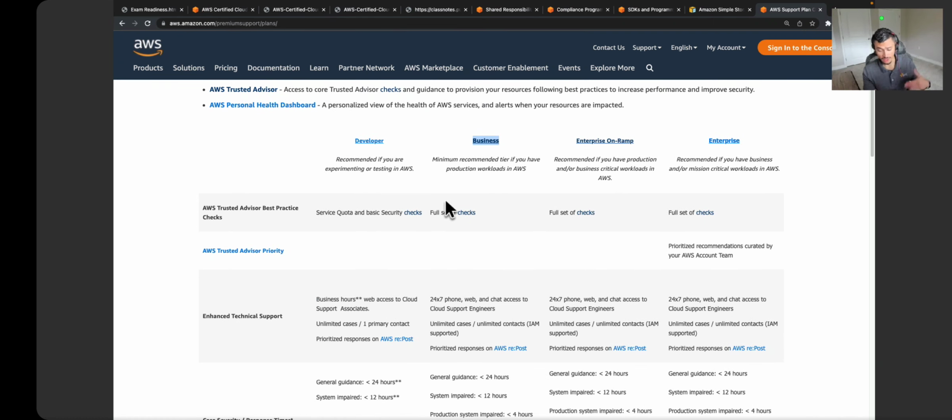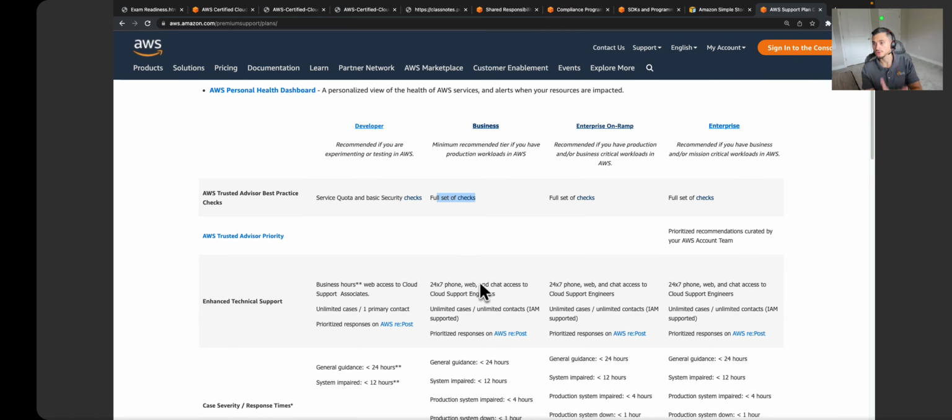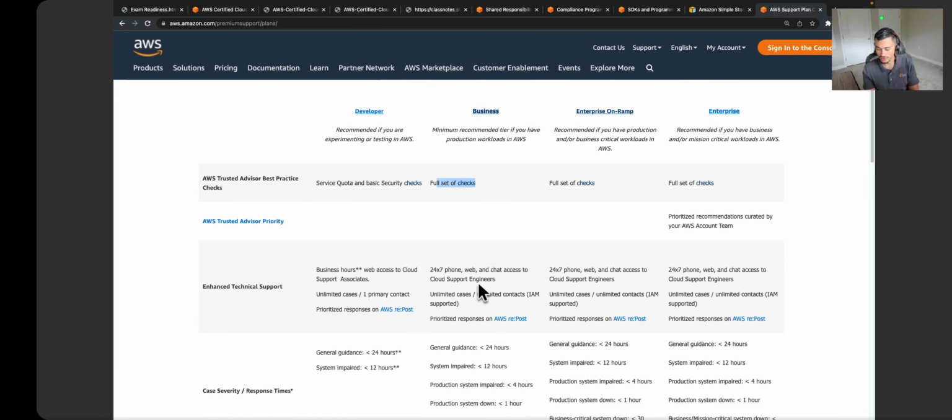So it tells you everything. Like with AWS Trusted Advisor, we have in the developer plan service quota and basic security checks. And then from the business plan, it provides you with the full set of checks, right? So obviously the enterprise plan would also provide you the full set of checks, right?